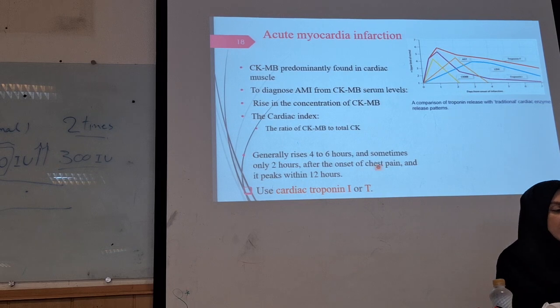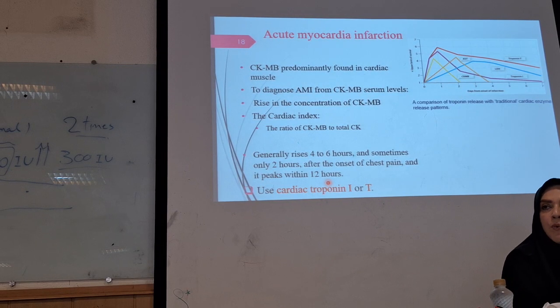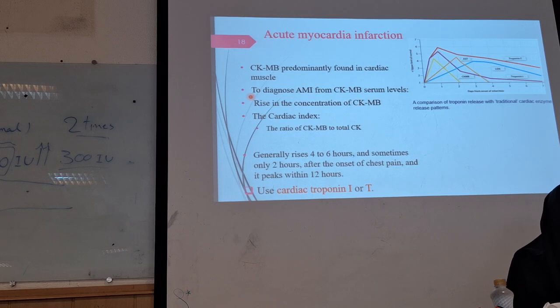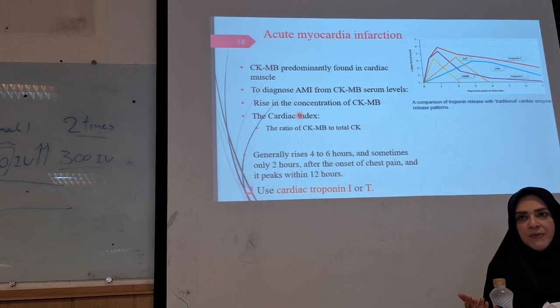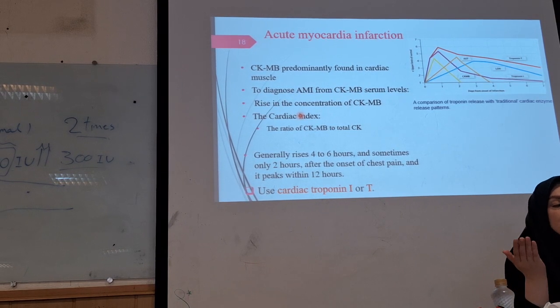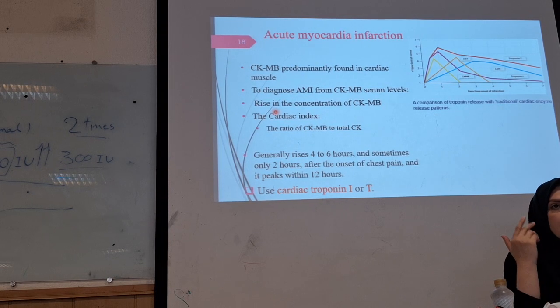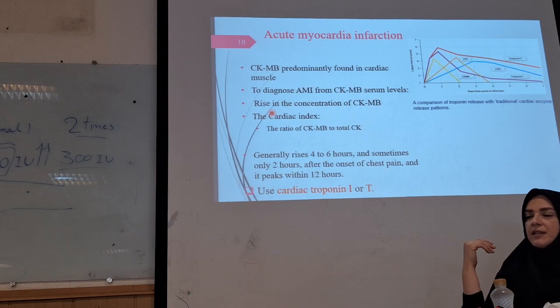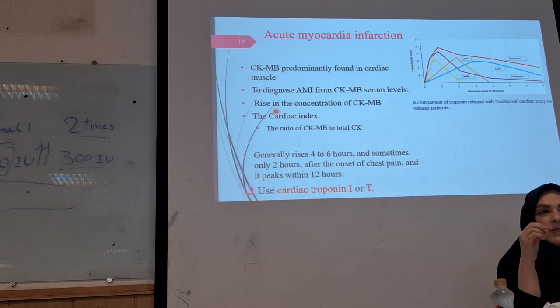And as a physician, if you have only one choice to evaluate acute myocardial infarction, I think troponin is very important. Why? Because, as I showed in the previous slide, the distribution of creatine kinase: we have brain creatine kinase, muscle, and also a small amount in the bladder.